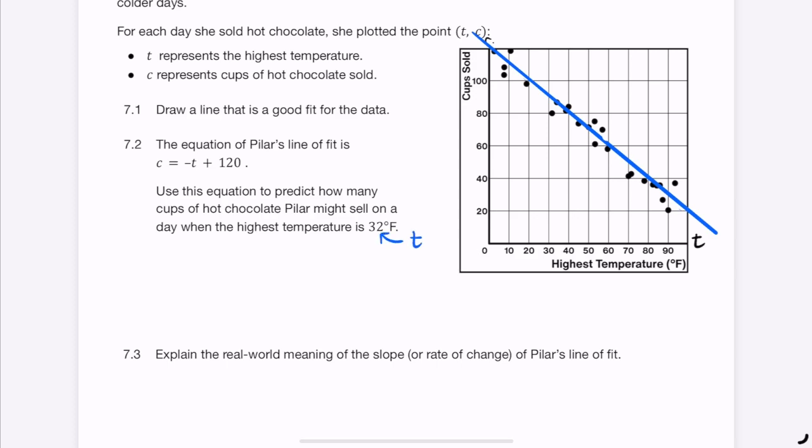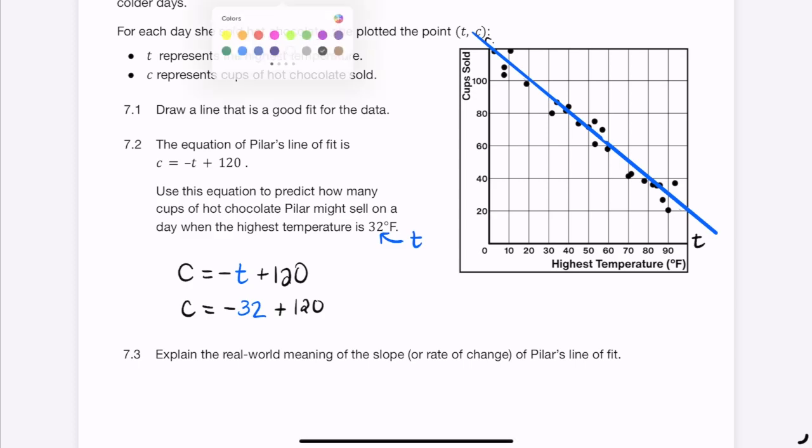That is a temperature, and we're supposed to use that to make a prediction for how many cups of hot chocolate she'll sell. So I'm going to write this equation for the line of fit, and then use it to make my prediction. So the cups are going to be equal to negative 32 plus 120, because I'm substituting that 32 degrees into the equation.